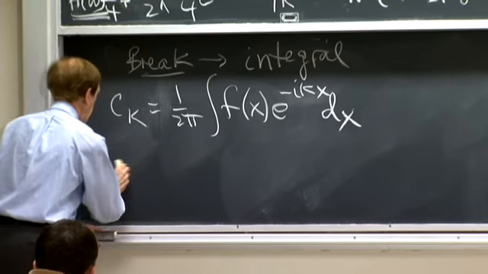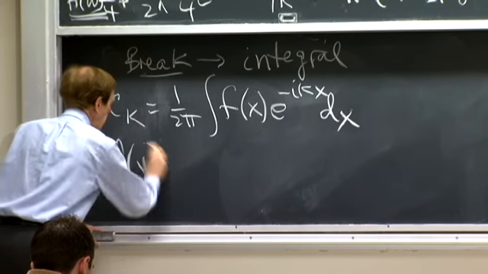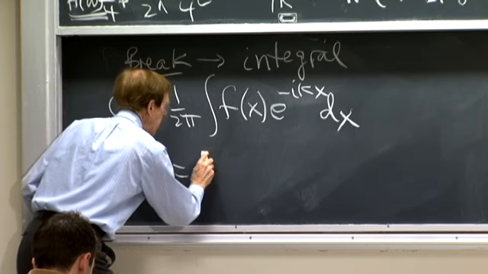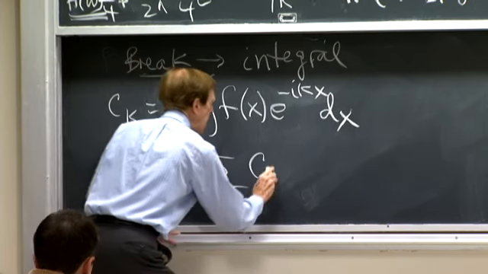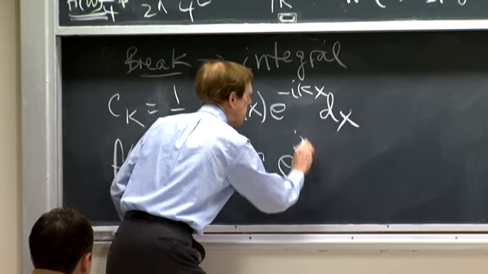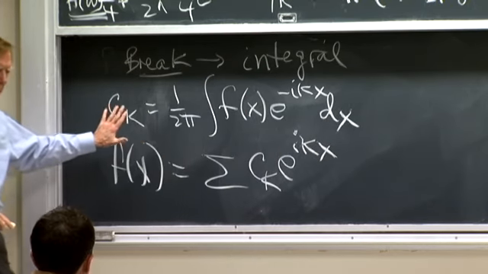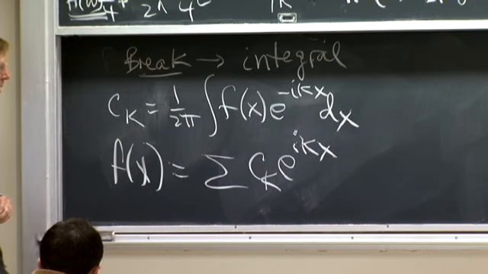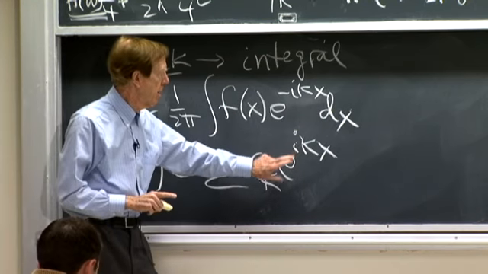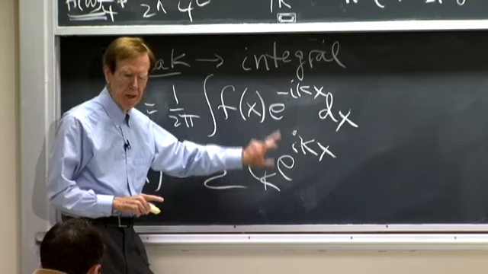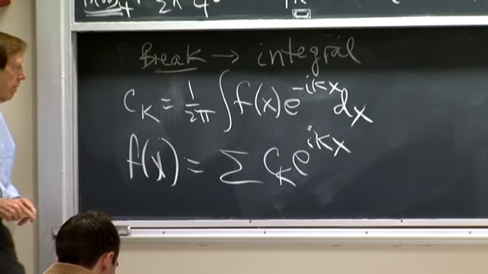And then when we added it up to get f of x back again, we added up a sum of the c_k's e to the i k x's, right? That's 4.1. We know those formulas. And we notice again, complex conjugate. One direction has the conjugate compared to the other direction.